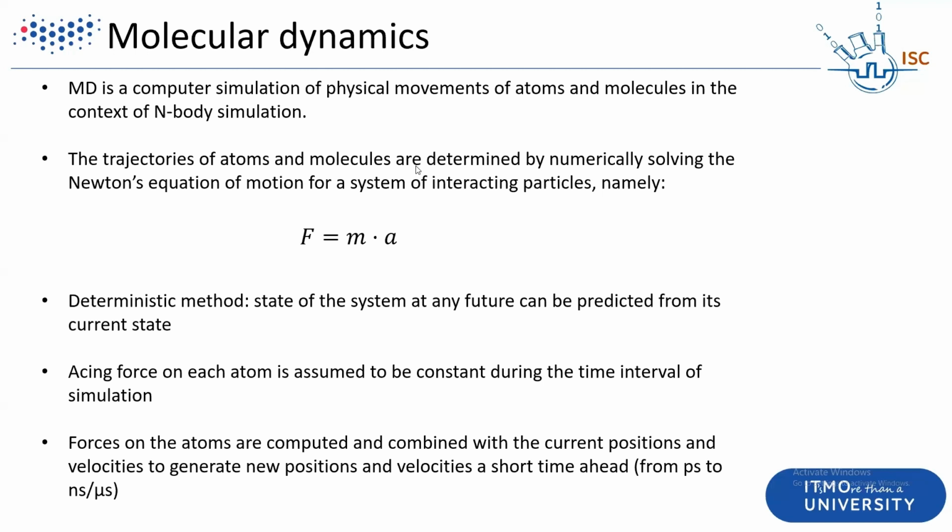And the molecular dynamics method is a deterministic method, which means the state of the system at any future time can be predicted from its current state. Of course, when you're implementing some classical equations, this would be deterministic.